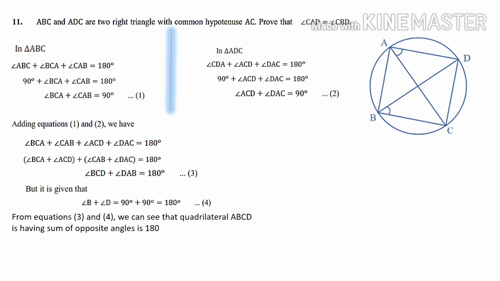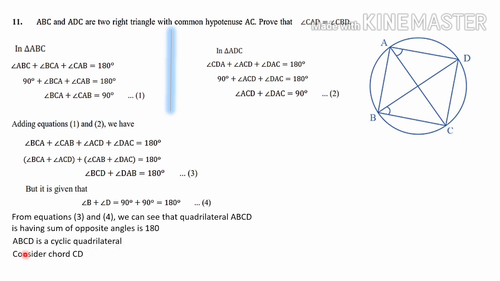And if the sum of opposite angles of a quadrilateral is 180 degree, we have already learned it is a cyclic quadrilateral. So ABCD is a cyclic quadrilateral.